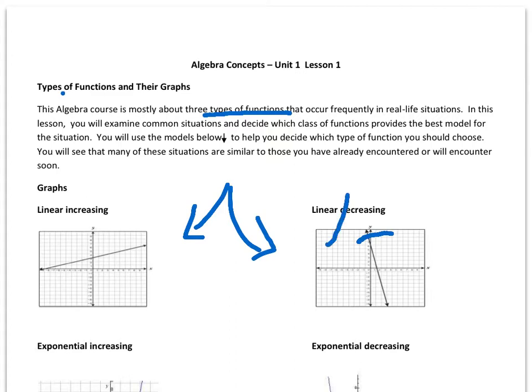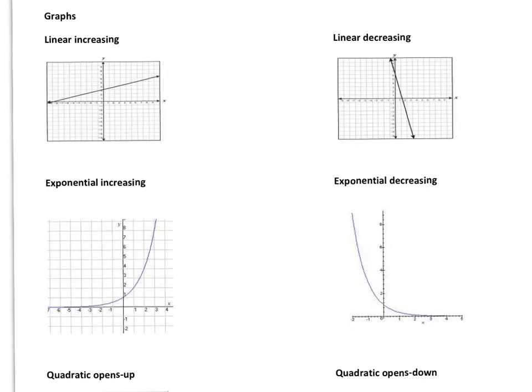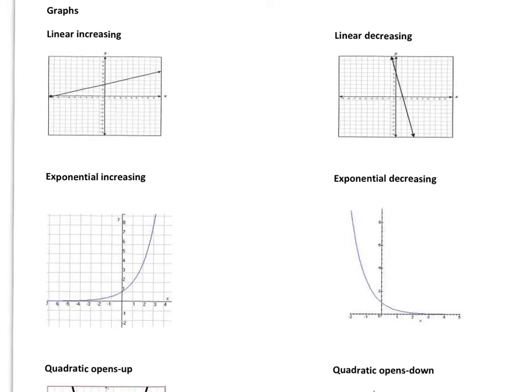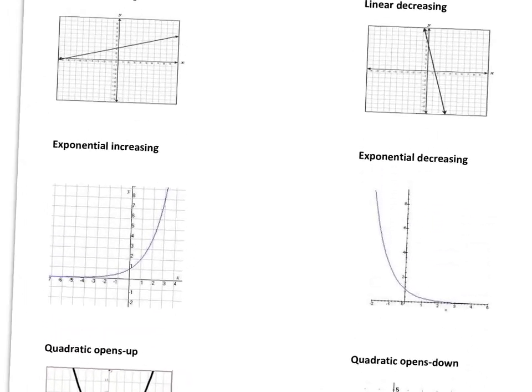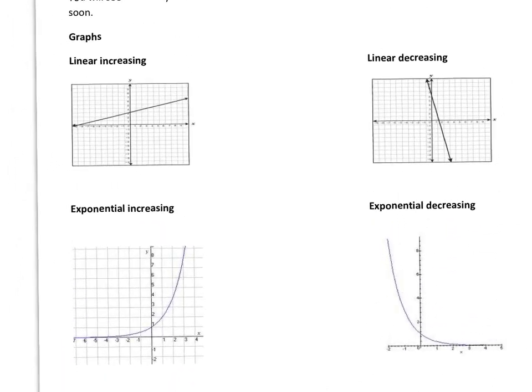You'll see that many of these situations are similar to those you have already encountered or will encounter soon. So we have our graphs here. Okay, here are 4 of them anyway. And you can see we're dealing with 3 types of functions: linear, exponential, and quadratic. So let me write that down.